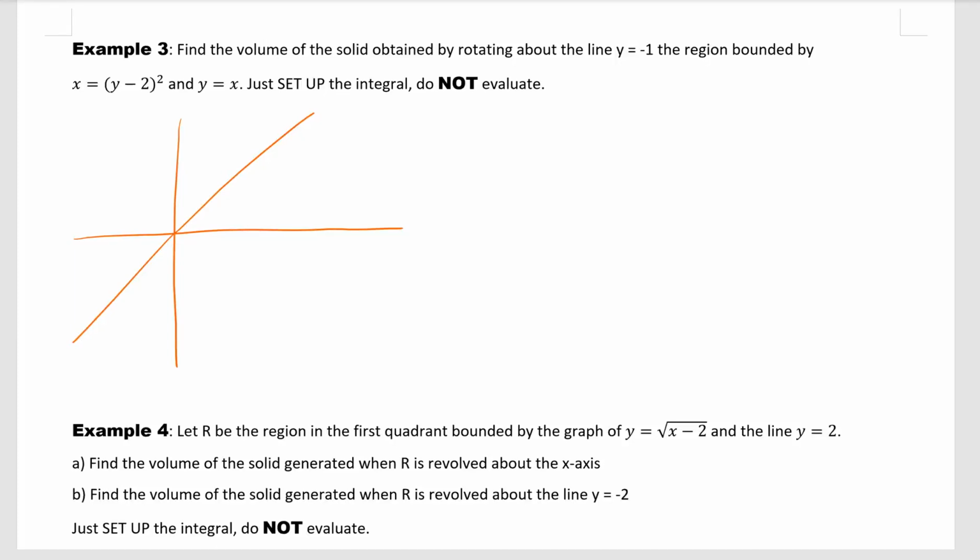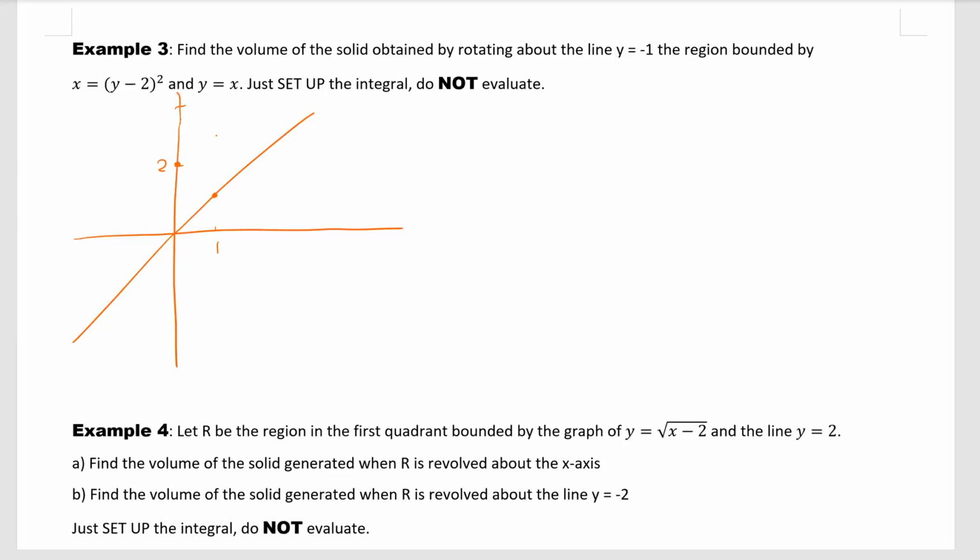If y equals 2, x is 0, so (0, 2). If y equals 1, x is 1. If y equals 3, x is 1. If y equals 4, 4 minus 2, 2 squared, x is 4.